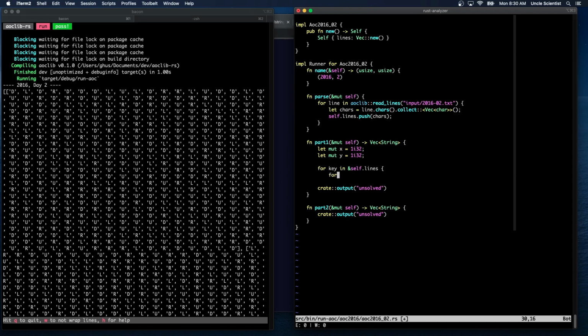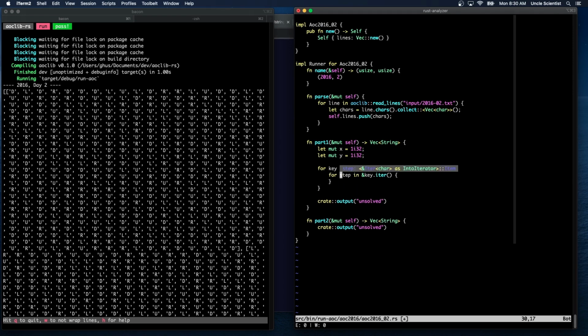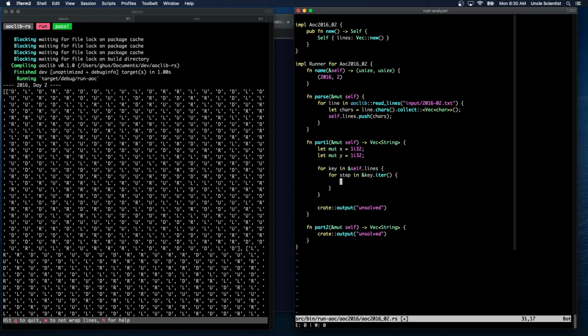No, not match key, for step in key iter. Why isn't that just a regular char? Let's find out. Match step. Up, down, left, and right.